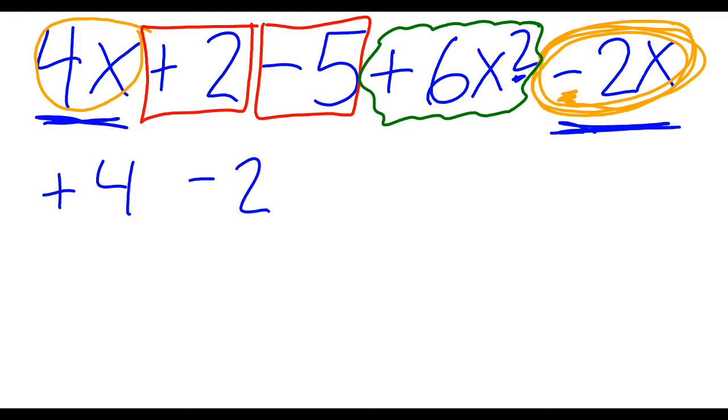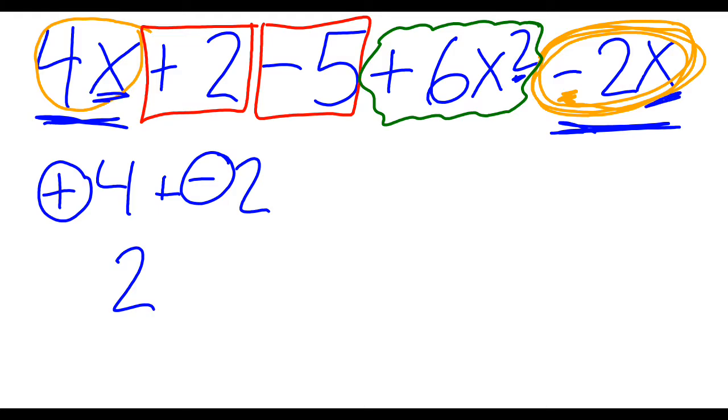I'm adding a negative to positive 4. All right, I'm putting them together. Same sign sum or different signs difference? Well, it's different signs. This one's positive, this one's negative. Different signs difference, I subtract them, so 4 minus 2 is 2. And there are more positives, so this is going to be positive. And now I can bring that x down with it.